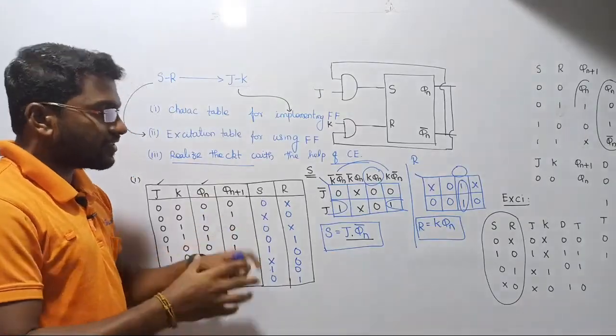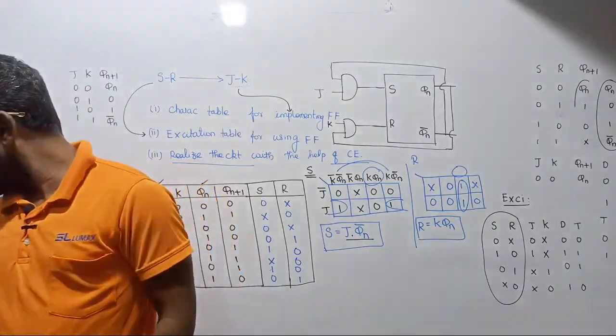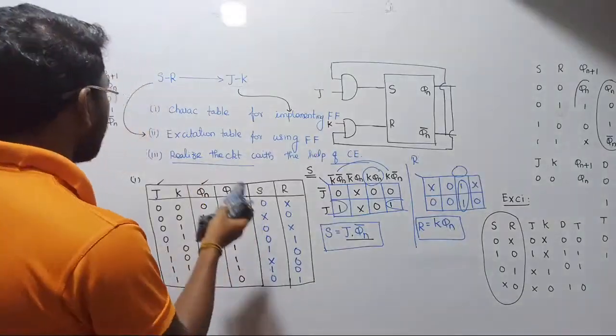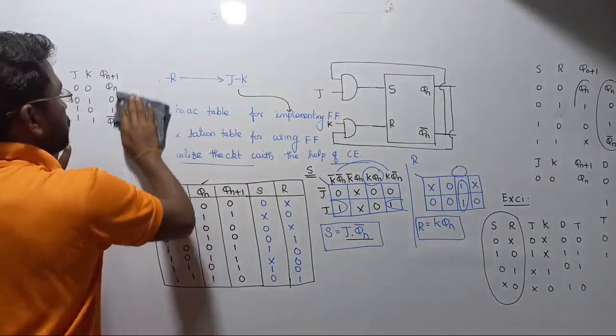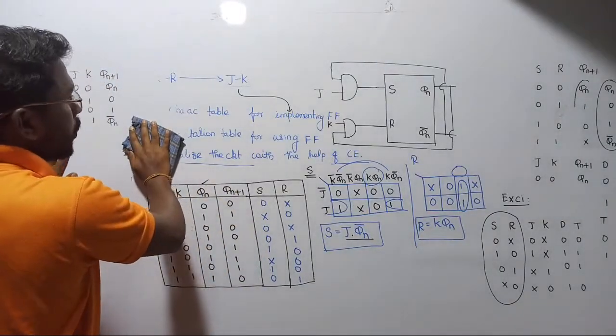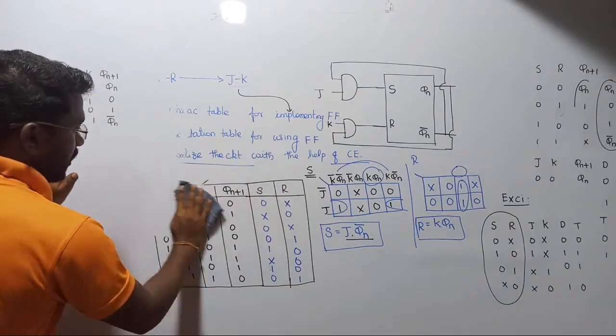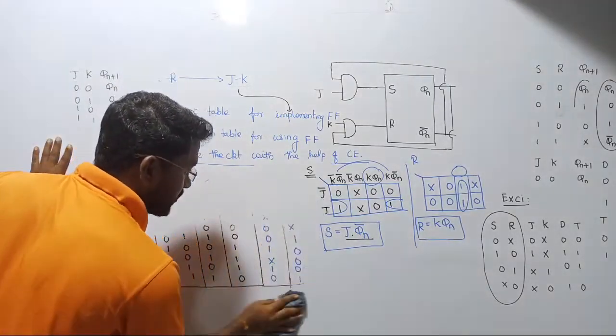So let us design a few more circuits for your best understanding. So let me rub this one, right? We will keep these statements for understanding. So let us remove these things.